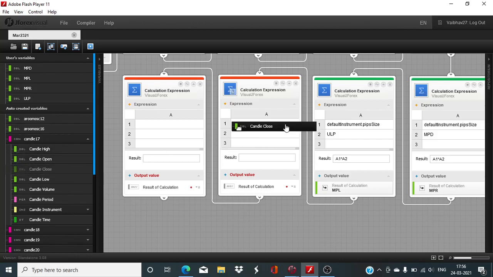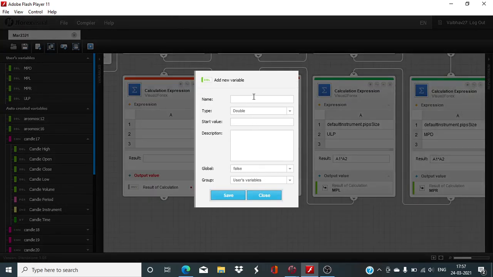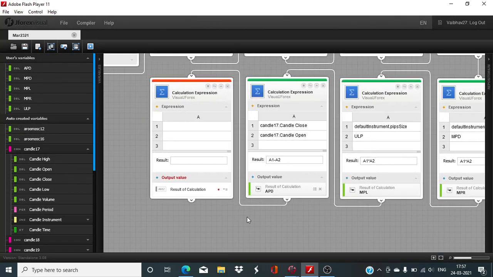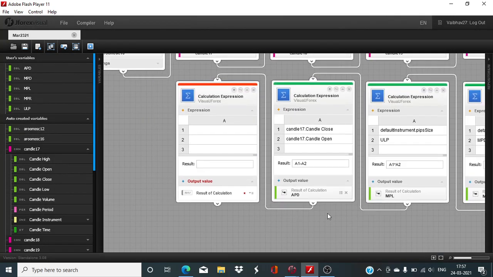So we take this and deduct the opening price: A1 minus A2. This will be the actual pip difference, and this will also be used as a stop loss.